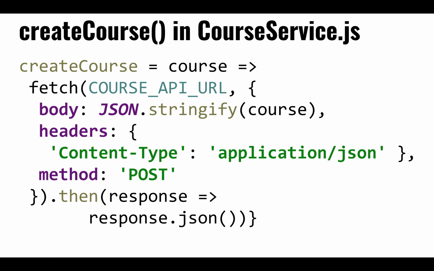Instead of pushing it to the array, we're going to use JSON.stringify. JSON.stringify takes a JSON object and converts it into a string representation. That's all we can put in the body. The body has to be a string. It's formatted as JSON, but it's really a string.